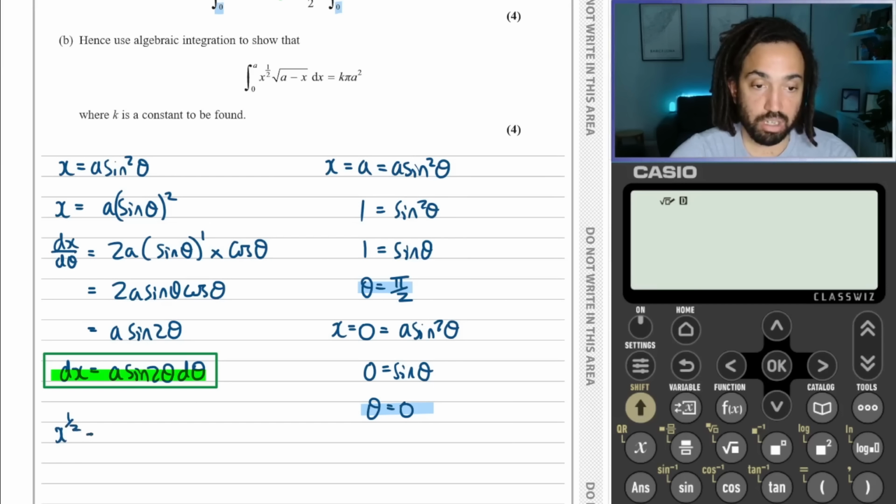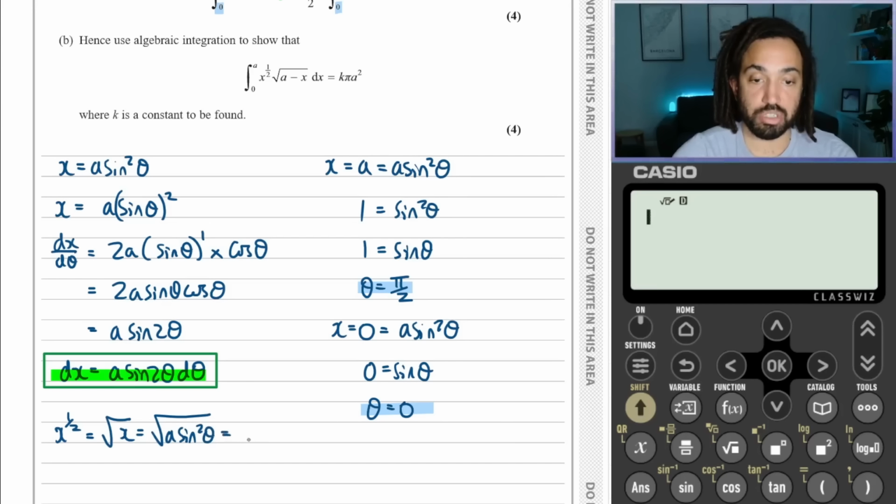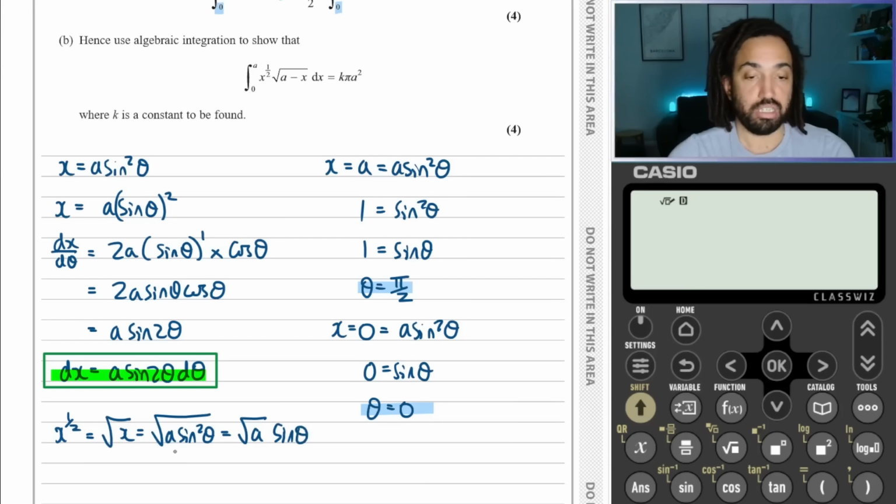X to the power of a half is obviously the square root of x, which is equal to the square root of a sine squared theta, which we could write as square root a times by sine theta. Because these two things are multiplied together using surd rules, we can split it up and square root each part separately. Okay, right, I think we're good to go now.